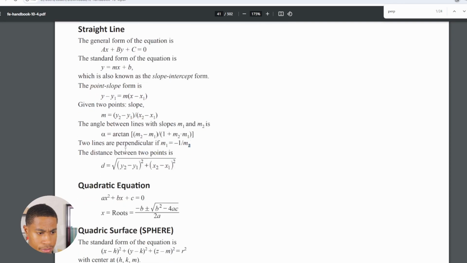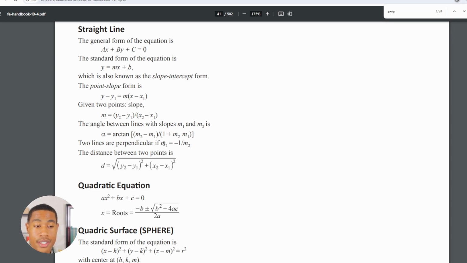So if you want to find lines that are perpendicular, which is what I initially brought up, then if you can determine the slope of one line, they will give you the equation of one line, and it will have a slope.